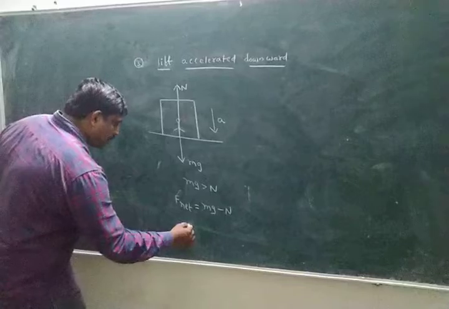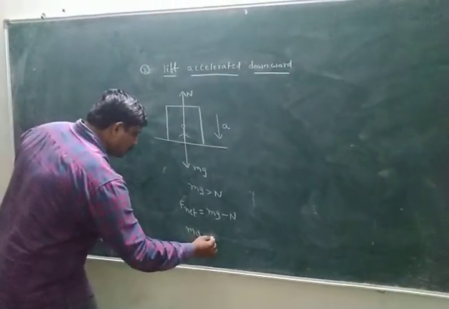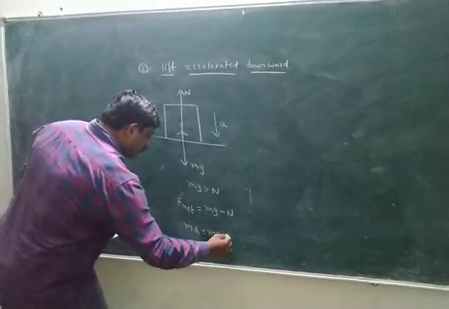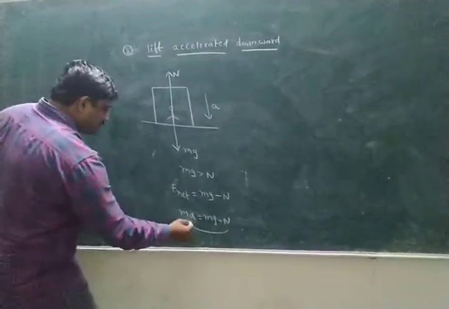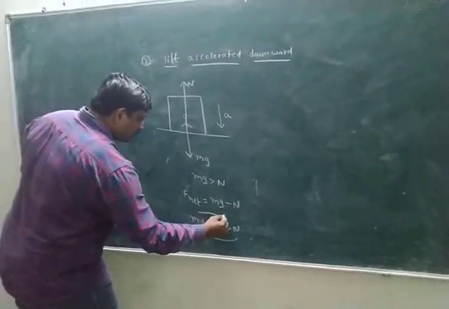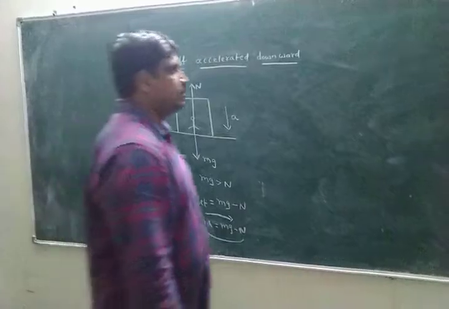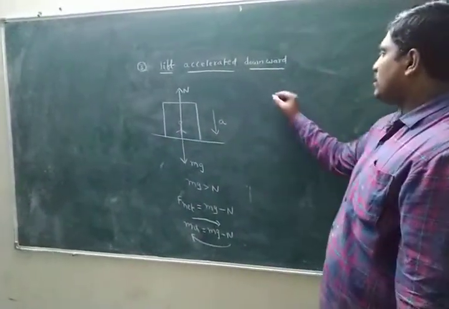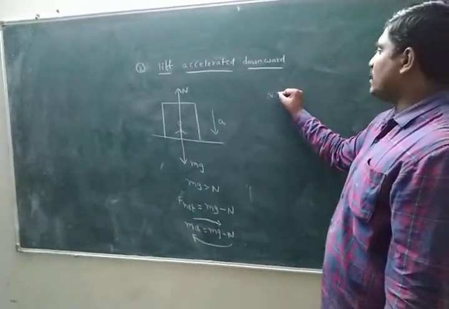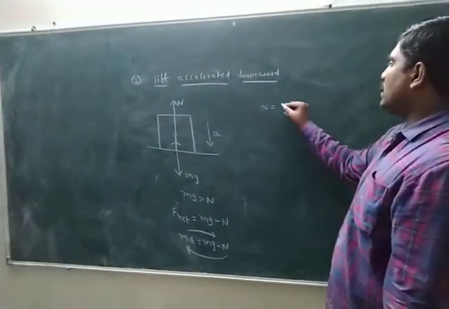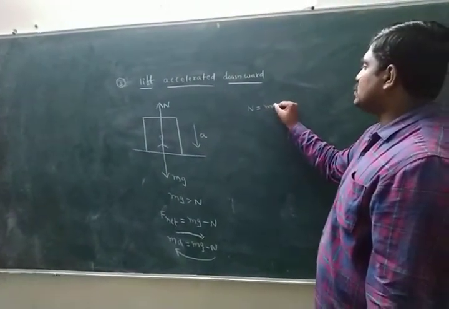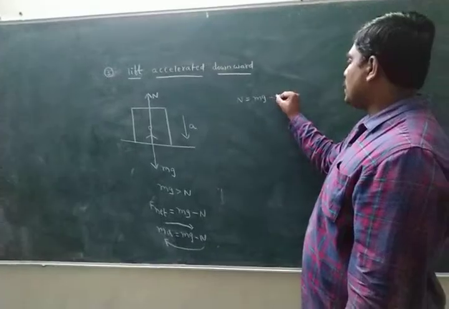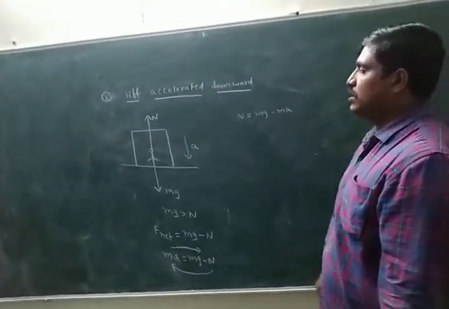Newton's second law, F equal to ma. mg minus N equals ma. Finally, write the value of N. Here the N value is mg minus ma.